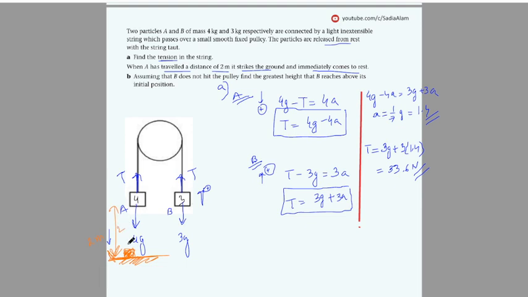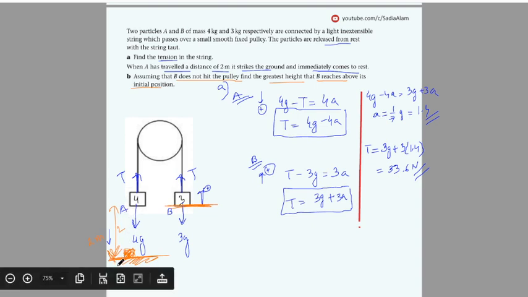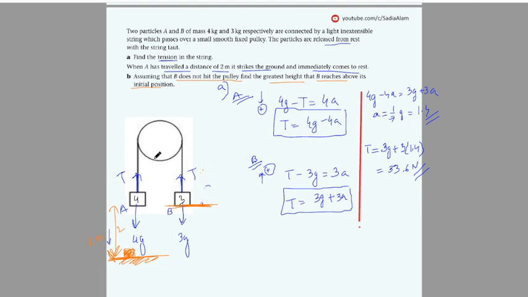So that's particle A at the floor. This distance is 2 meters. Assuming that B does not hit the pulley, find the greatest height B reaches above its initial position. This is the initial position of B. When A moves 2 meters in the downward direction, simultaneously, particle B will move vertically upward 2 meters.